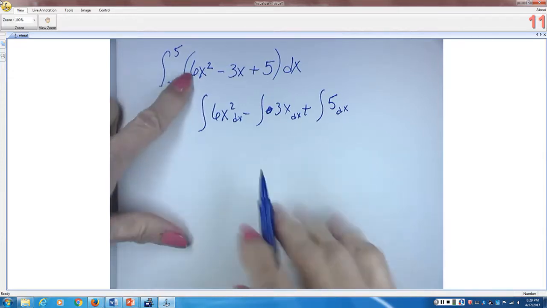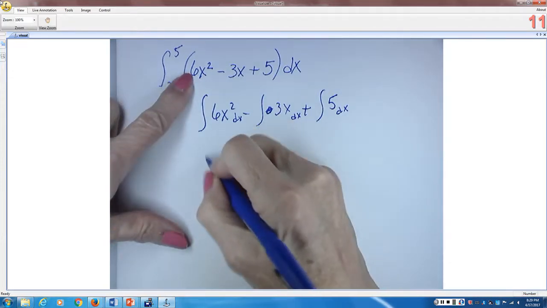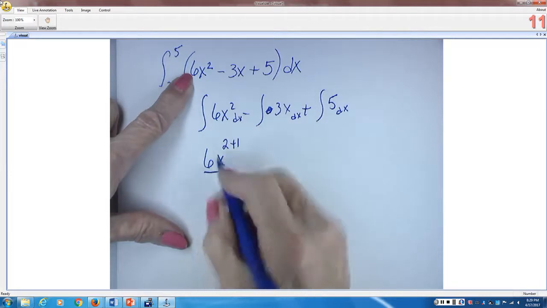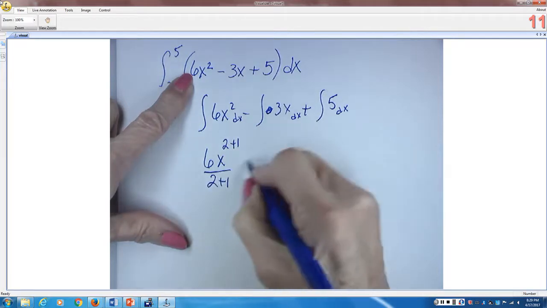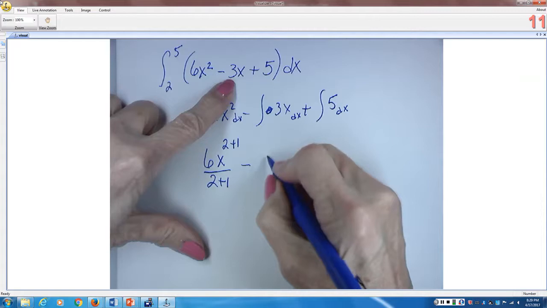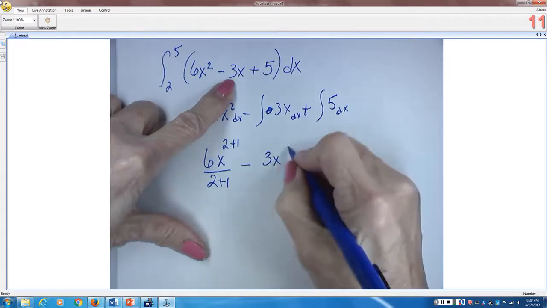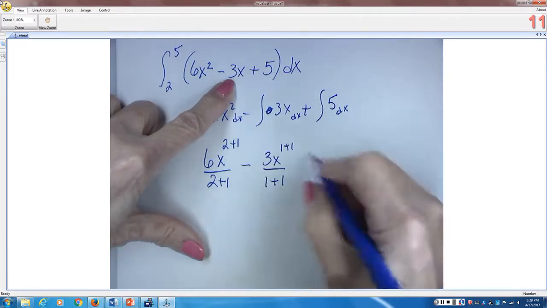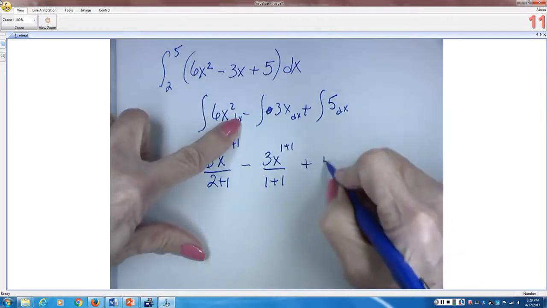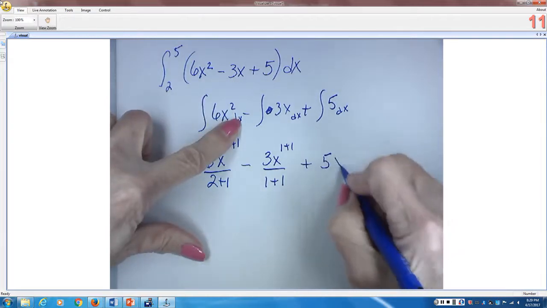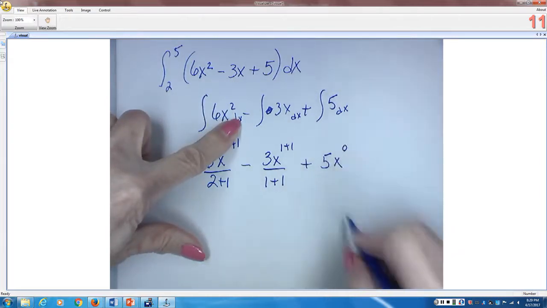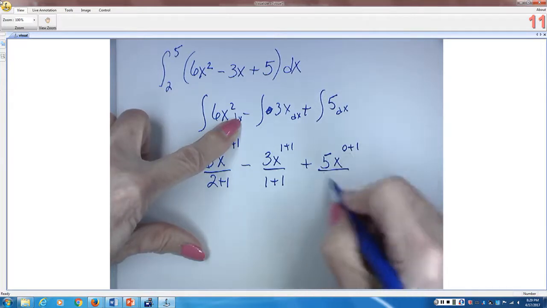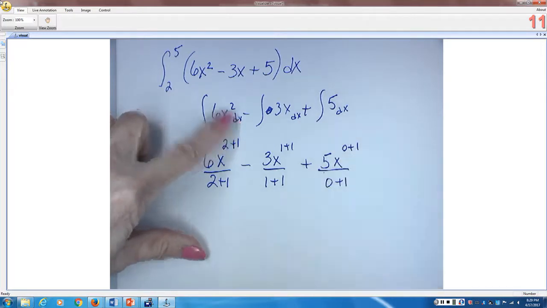So the integral of 6x squared is 6x to the 2 plus 1 over 2 plus 1, minus the integral of 3x, which is 3x to the 1 plus 1 over 1 plus 1, plus 5. And remembering that this started out being no x's there, we're going to add 1 to a power of 0 and then divide by 0 plus 1.